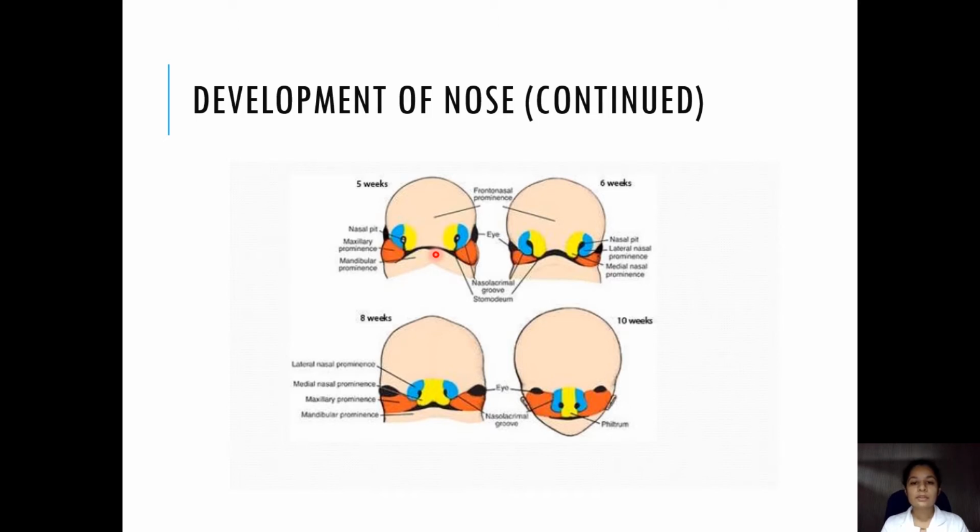Floor of the nose is mainly formed by fusion of the maxillary process and the lateral prominence of the nasal process. This will help in forming the hard palate. Any deviation from this fusion leads to cleft lip, cleft palate, and fistula between the nose and the oral cavity.